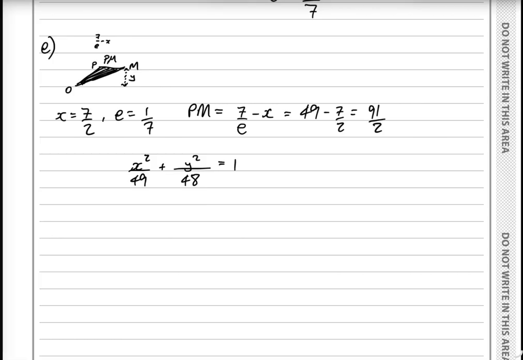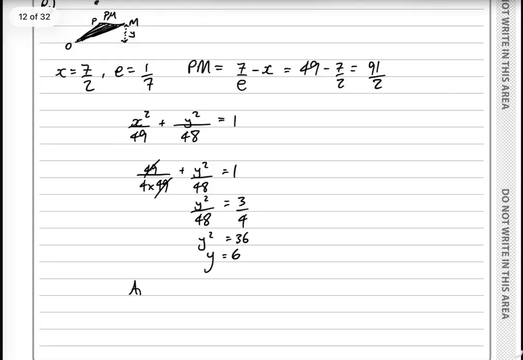And x is 7 over 2, so we put that in. 49 over 4. Like so, is 3/4, and that gives us a 36. Y is positive, so it's a 6.